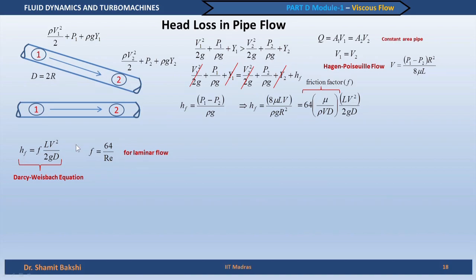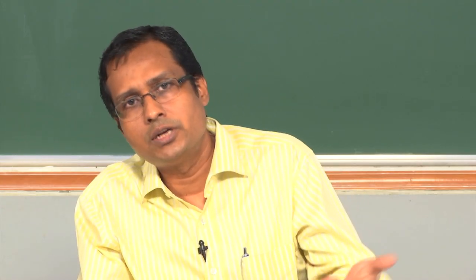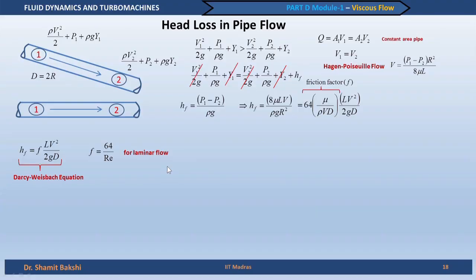So, head loss is basically linearly proportional to velocity. If you increase the velocity or flow rate through a pipe, the frictional losses will increase, as is our common understanding, but the friction factor reduces when we write in terms of the Darcy-Weisbach equation.